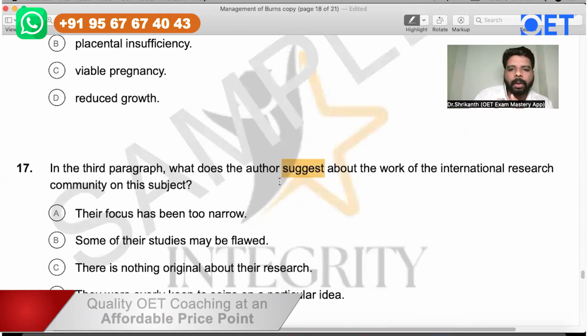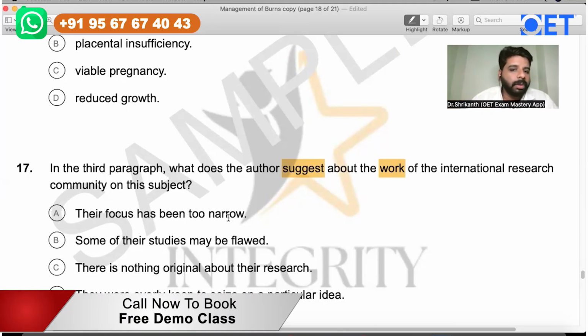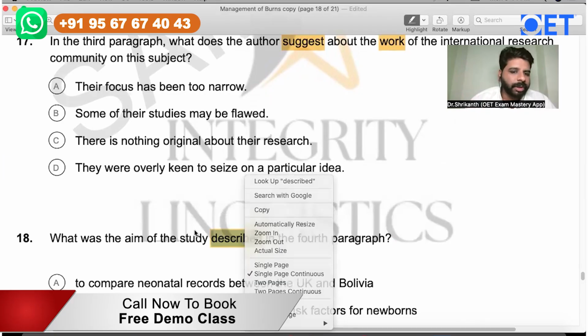According to the author, what is his take on the work done by the international research community? You have to think from the perspective of the author. So there are different types of questions over here.